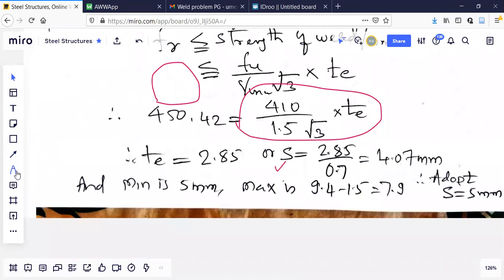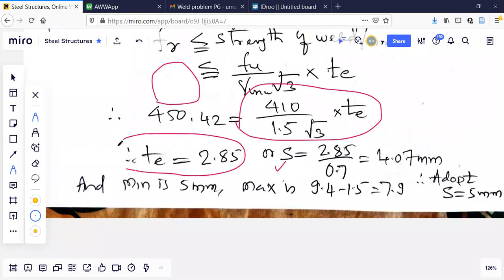Again, look at some conditions. Whatever you get, that value we cannot use. This type of welding is not at all possible. Minimum is 5 mm. 3 mm is also there, but here some other conditions have to be satisfied. So TE is 2.85.